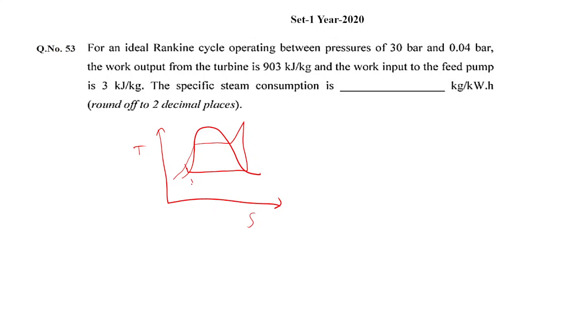Let's suppose this is the first point, this is the second, third and fourth. This is our boiler pressure, or higher pressure, PB, and this is our condenser pressure, PC. This is the work done from the turbine, WT, and here we give the work to the pump.